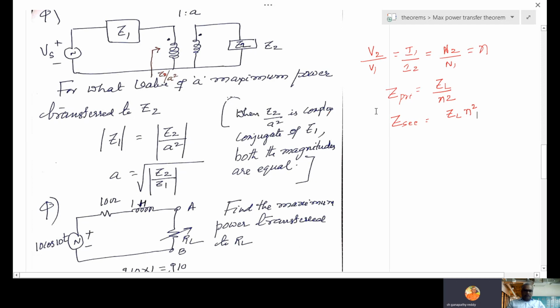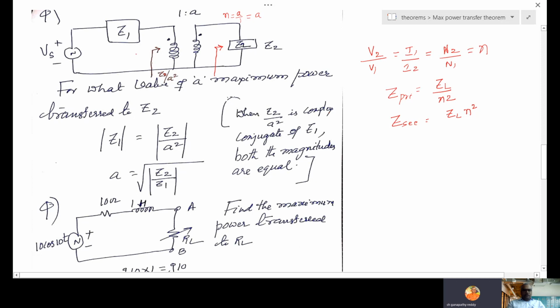So in this case the secondary is terminated with ZL, so the primary equivalent is ZL by N square. Here N is equal to N2 by N1, so A by 1 is equal to A, and N square is nothing but A square.